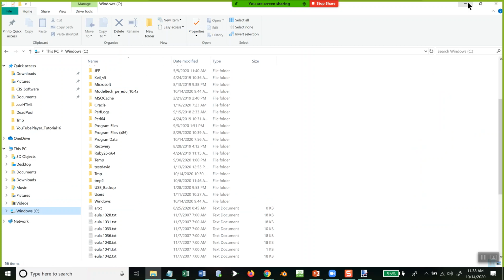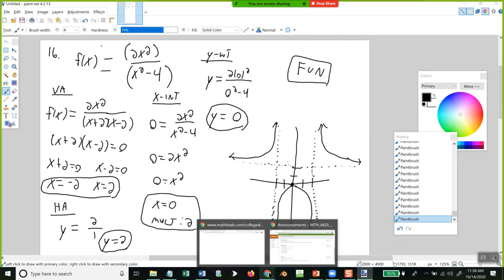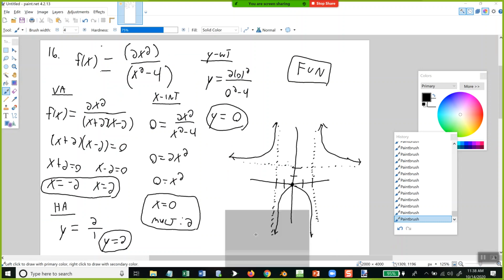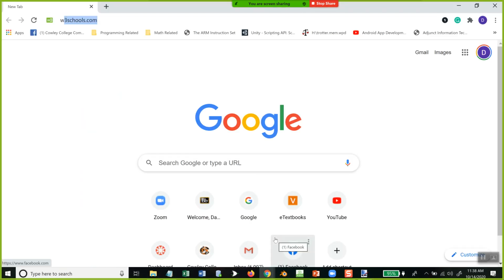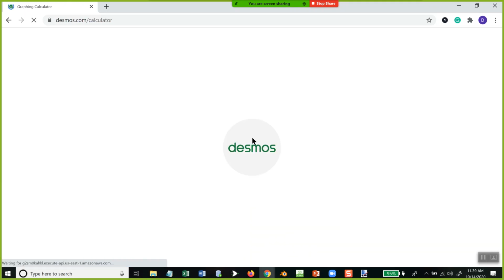Then I bring my little calculator. I use Desmos. Desmos doesn't need parentheses, but at least you'll see it.